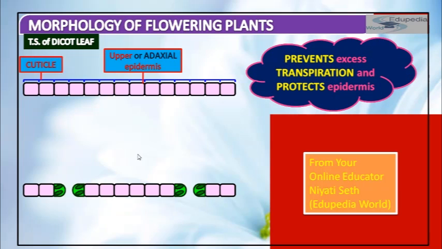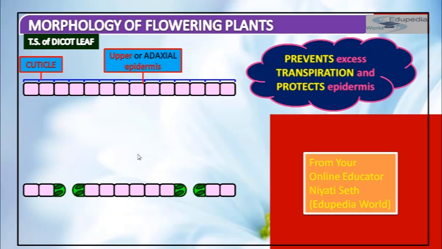What's the significance of cuticle? First, it prevents excess transpiration, and second, it protects the epidermis. So these are the two significances of cuticle. That is why it covers both the layers of epidermis.